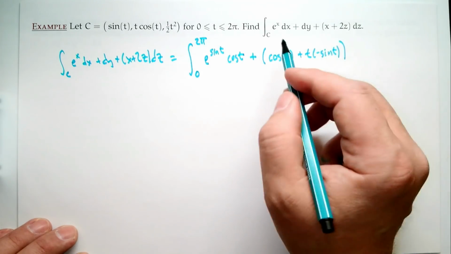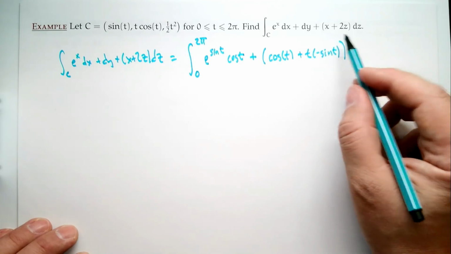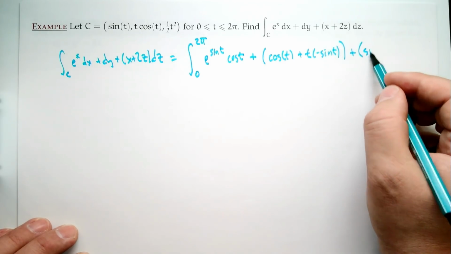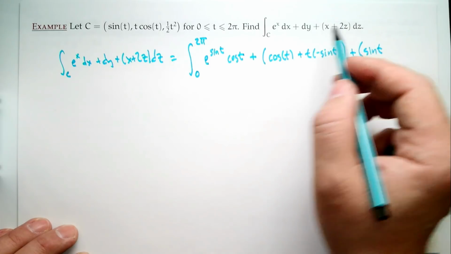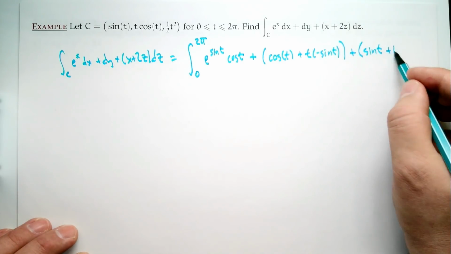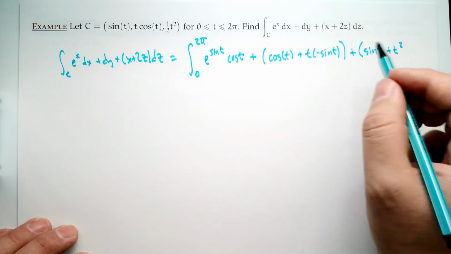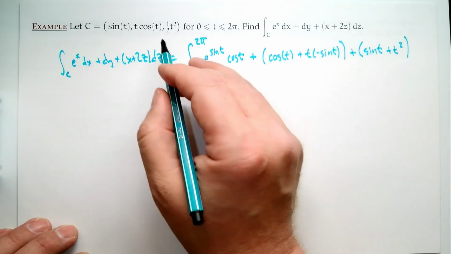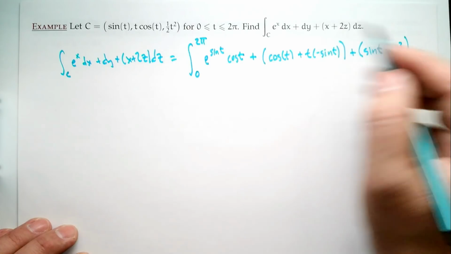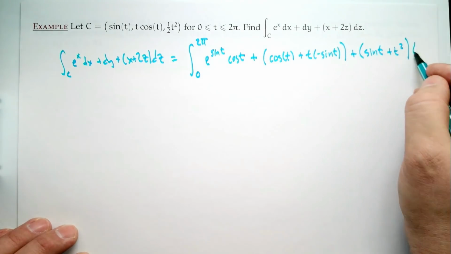All right, and now go to the next part. Plus x, well, that's sine of t, plus 2 times z, which is going to be t squared, and then dz, well, the derivative of a half t squared is t.